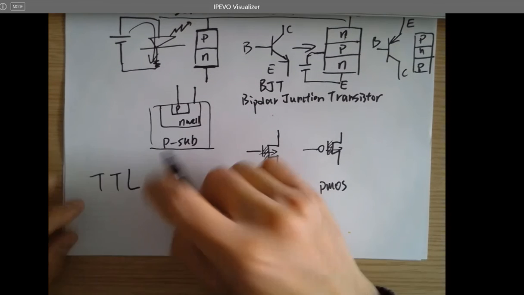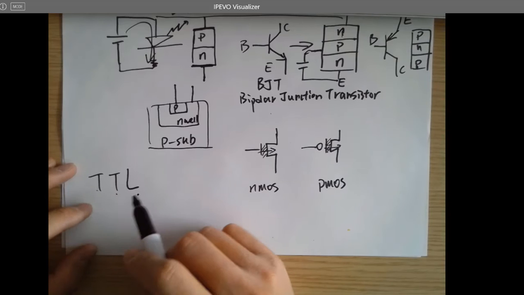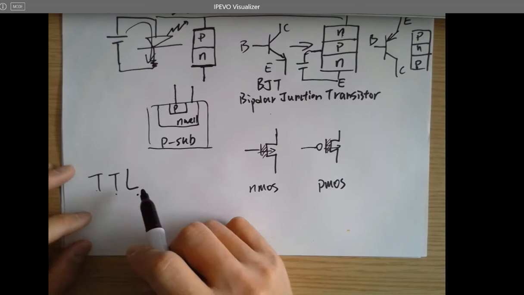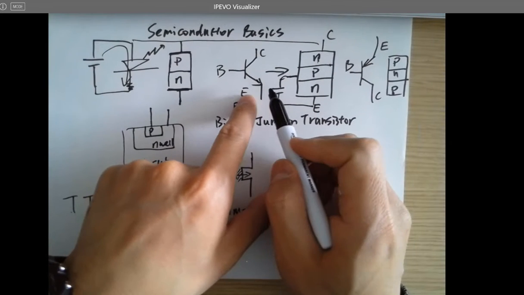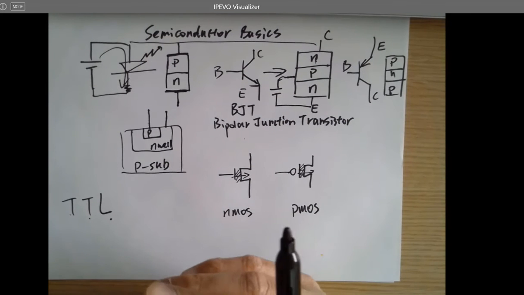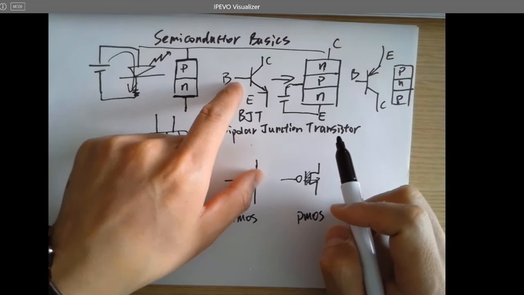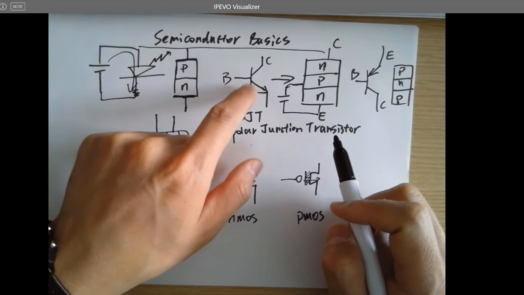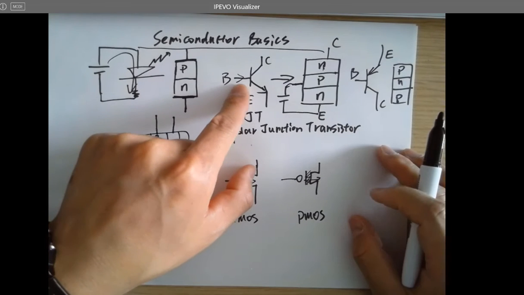And TTL means transistor-transistor logic. It's not the CMOS logic. In the old days, they used all these BJT transistors to build all these computer logic, AND gate, OR gate, like that. And this type of transistor is driven by the current flowing into the base.